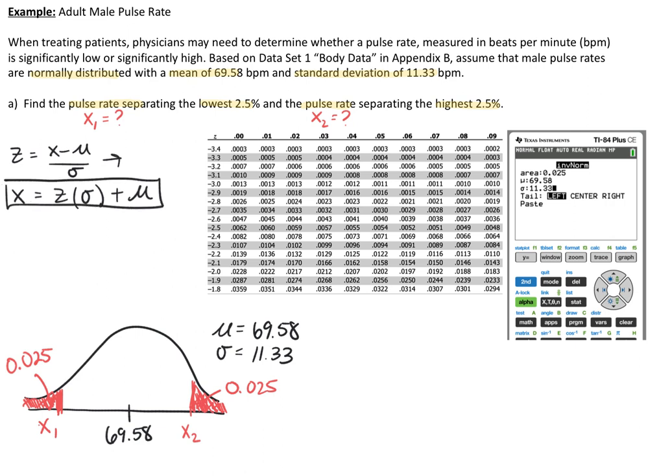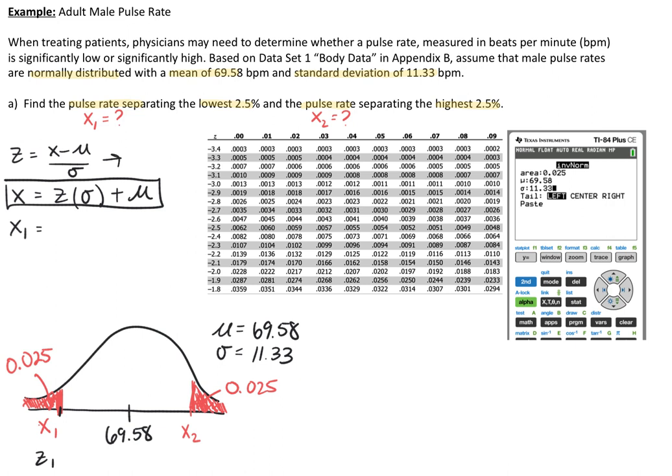If I want to calculate x sub 1, I first need to figure out what the z-score is for x sub 1. So I'm going to write it below here. What's the z-score that corresponds to a pulse rate located on the left of this bell-shaped curve? We're going to go to the negative z-scores on your table. Go to the negative side because we're looking for a z-score on the left tail.